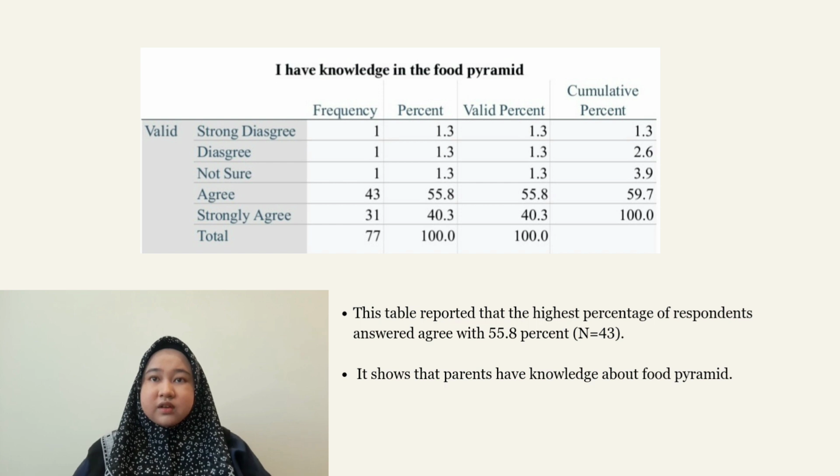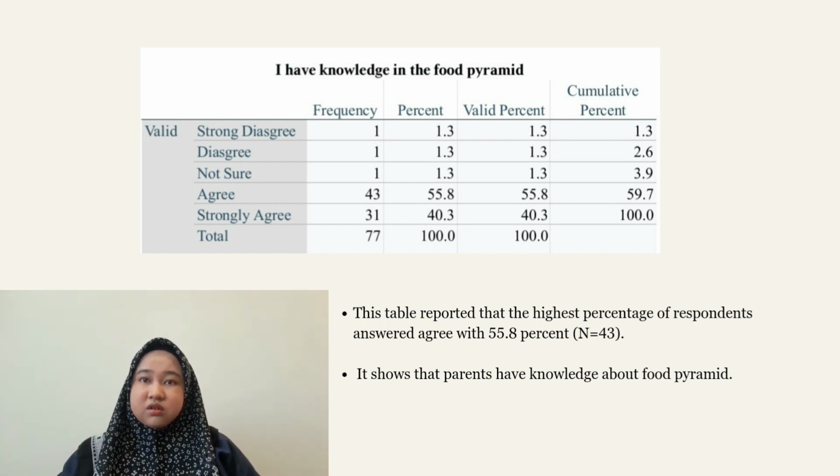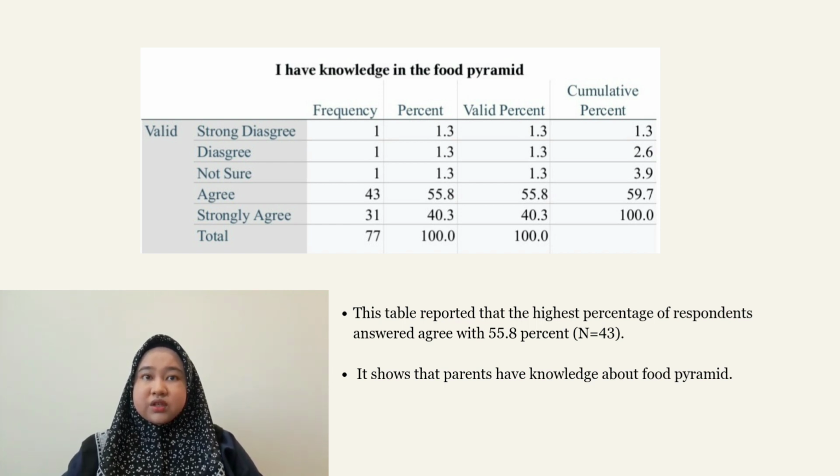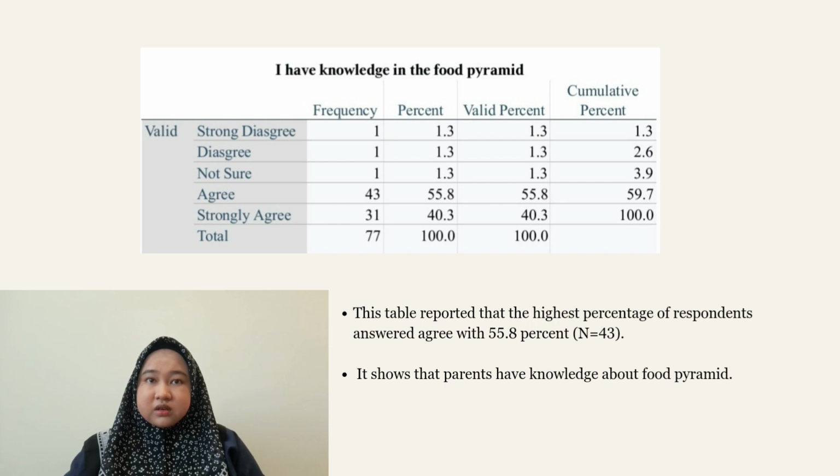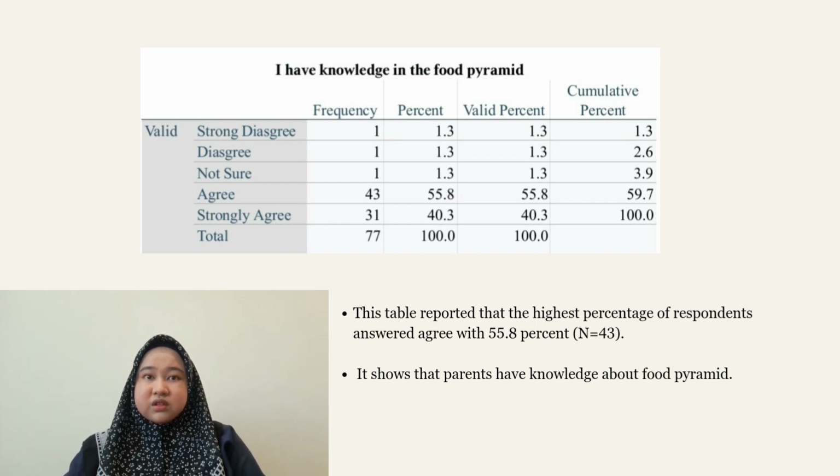In the descriptive analysis from SPSS, the highest mean score is RQ4, with a mean score of 4.32, while the lowest score is RQ8, with a mean score of 2.35. In the frequency table, the highest percentage is 43%, which means many parents answered agree with this question.